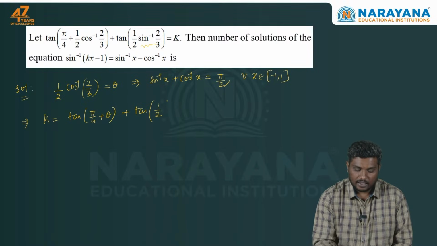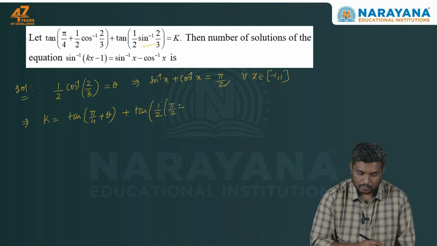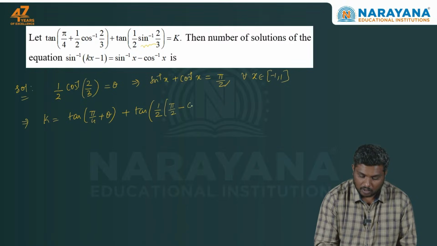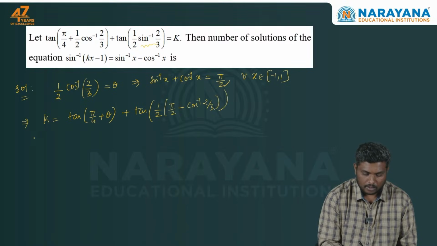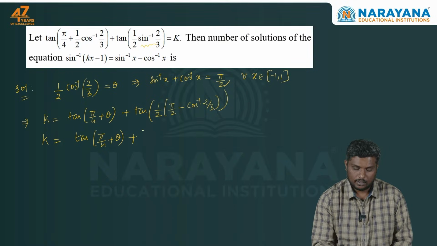into sin inverse. What is sin inverse? Pi by 2 minus cos inverse 2 by 3. Okay, and this is going to become tan of pi by 4 plus theta plus tan of pi by 4.